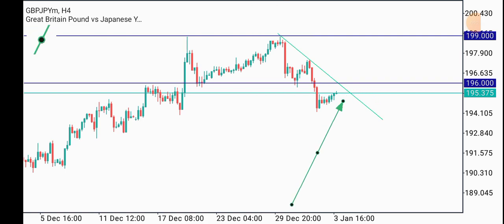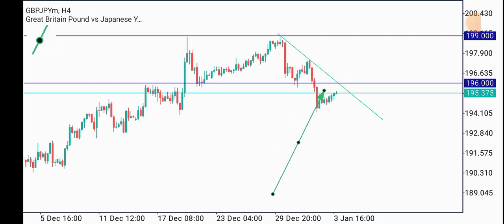So we're expecting price to push to this level, and we can take an entry from here, whether it pushes a touch or a break. So we are going to carefully observe this level to take an entry, or a further push to the upside.